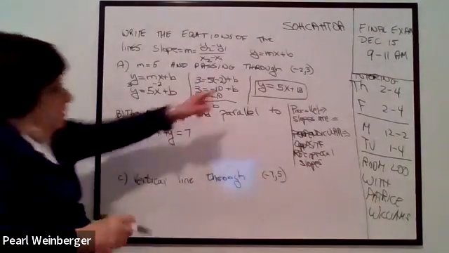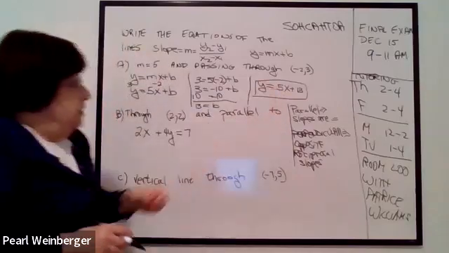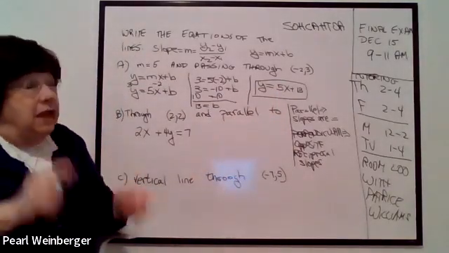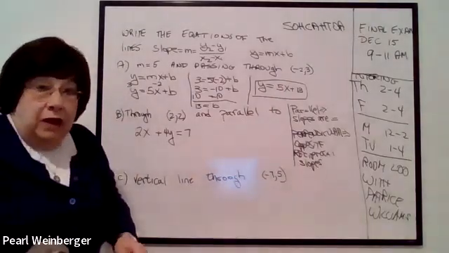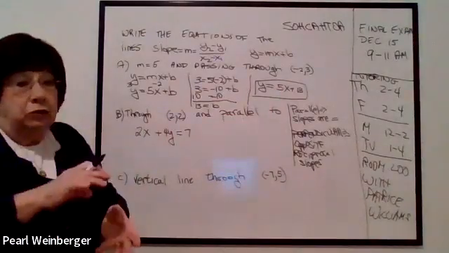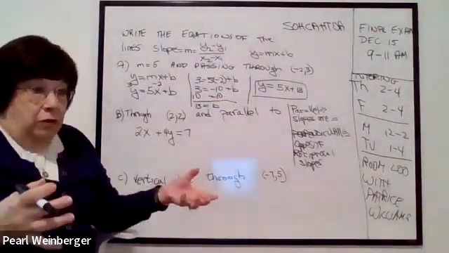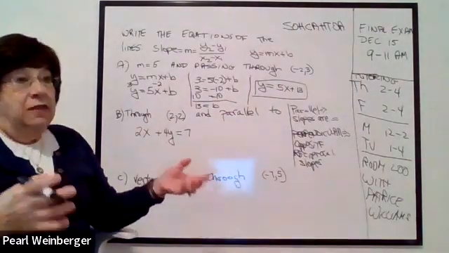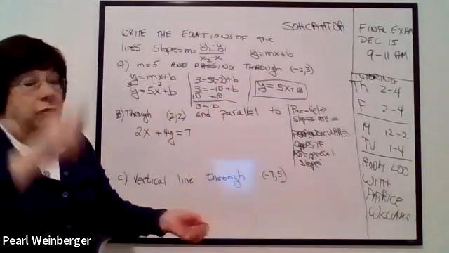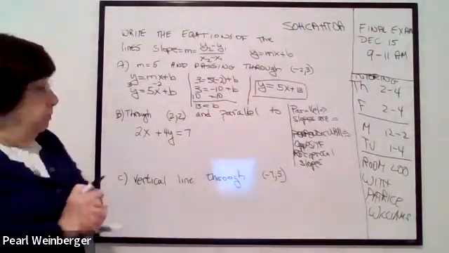So for example, if the slope is 5, then the perpendicular line would have to be -1/5. You flip it over, this really means 5/1, and you switch its sign. If my original slope is -2/3, then the perpendicular line has a slope of +3/2. You change the sign and you flip it over.